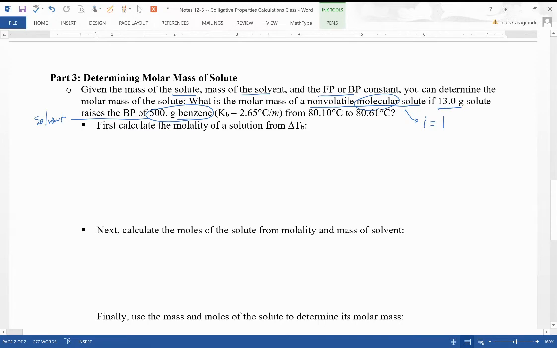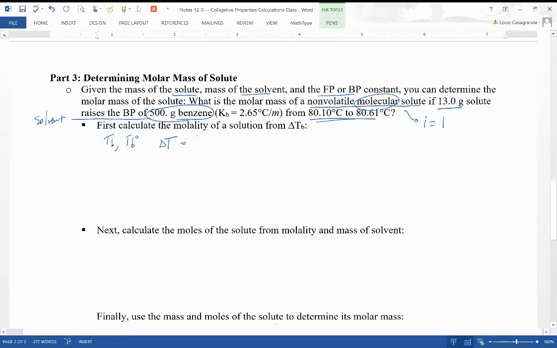Now, we have the delta T. We have the TB and the TB naught. I gave you the delta T. So the delta T, remember this is boiling point, so it raised the boiling point.